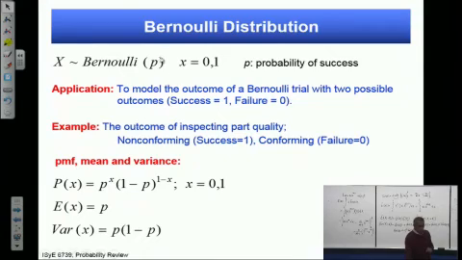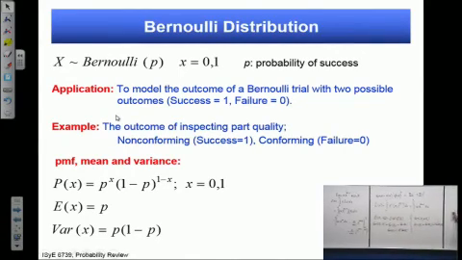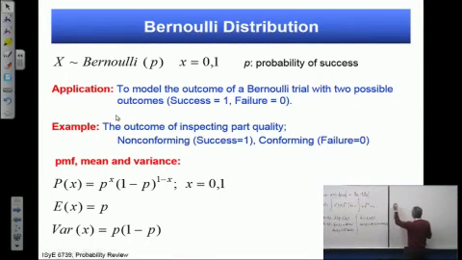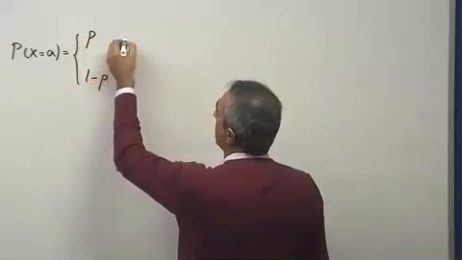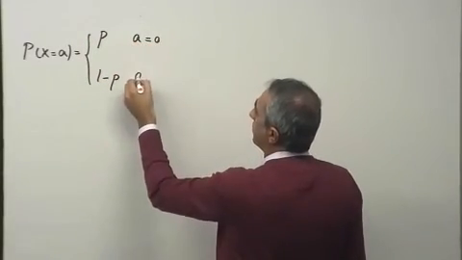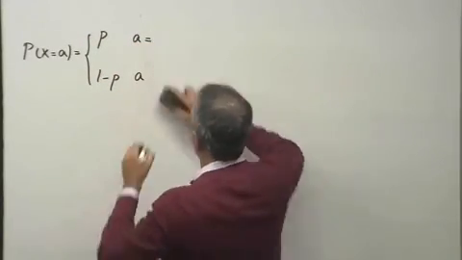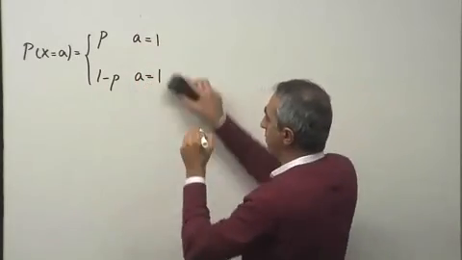Probability mass function. With probability p, you observe your outcome is going to be success. With probability 1 minus p it would be failure. So your probability mass function is simply either p or 1 minus p: p if a is 1, and 1 minus p if a is equal to 0.